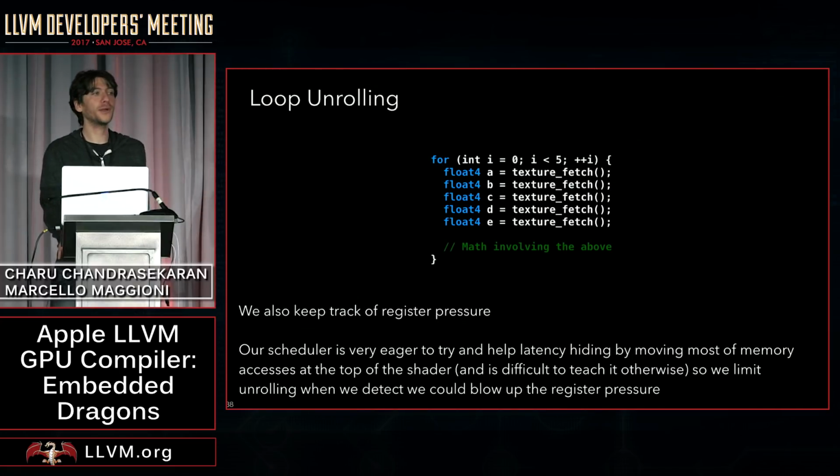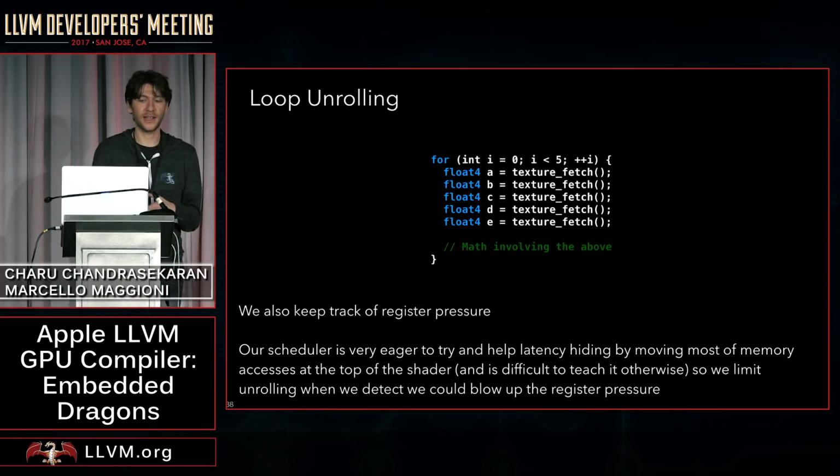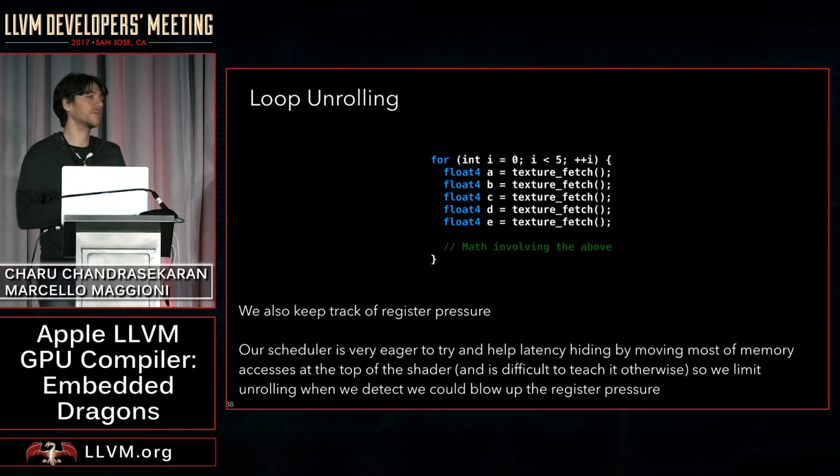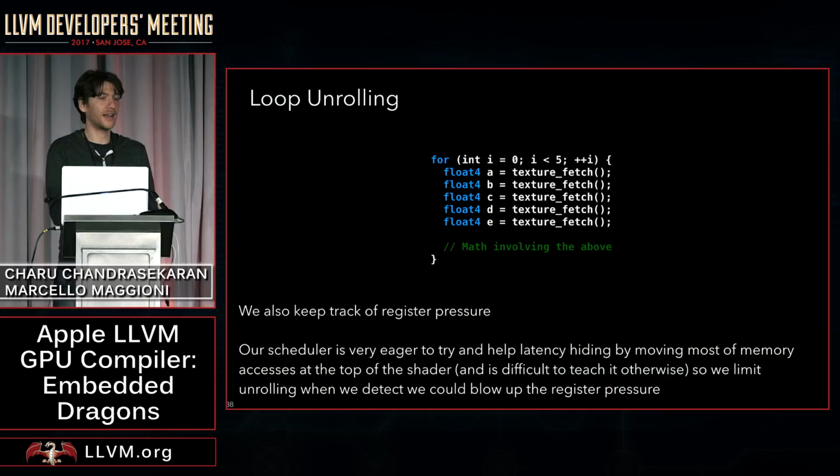We need to be careful, though, because we need to be tracking register pressure very closely, because sometimes we have loops with a massive amount of texture fetches or memory accesses at the beginning of the loop that, if unrolled, could create problems, because our scheduler is very eager in trying to push memory accesses to the top so that they can start early and we can hide latency.